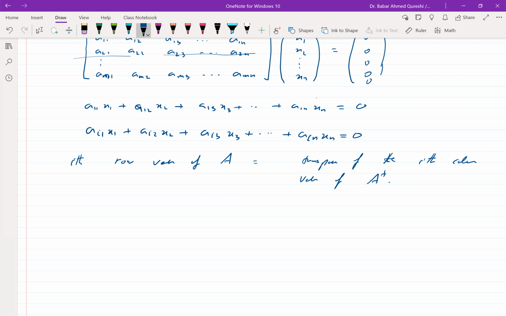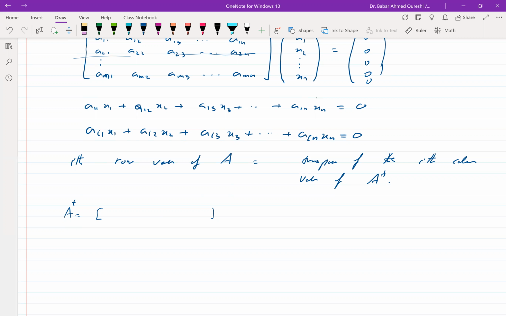So it's saying that the ith column vector, which I can write, if I write this A as A1, A2, up to An, I make not the A transpose. Let me denote them by B's because it's a transpose.